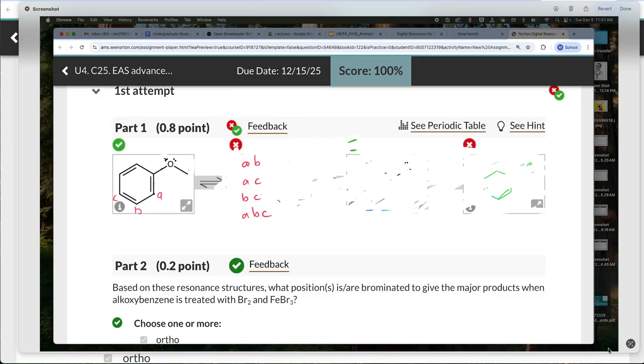Ideally, when you look at that starting structure, you would recognize and be able to see that you would build negative charge at carbon A without having to draw. You would see that as you continue to do that resonance, you would build charge at C as well without having to draw. That takes a significant amount of brain power to hold that content.